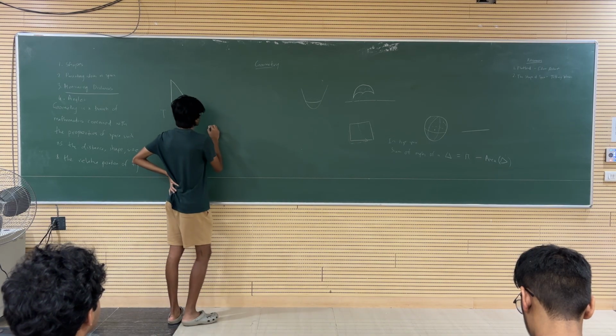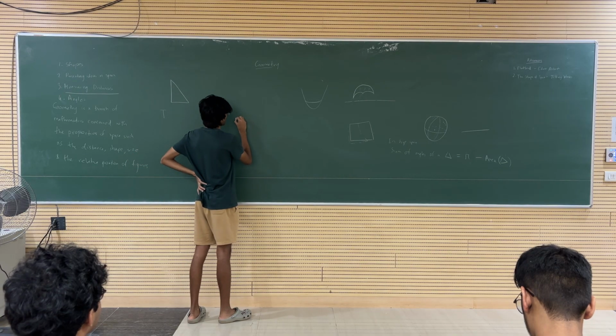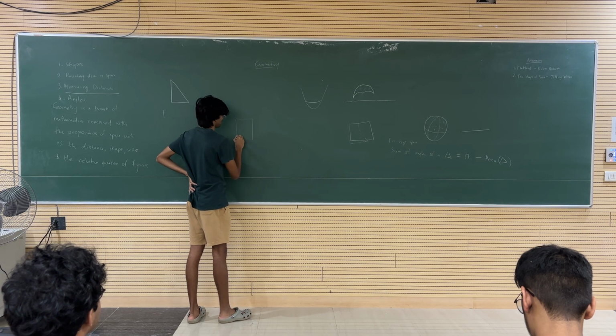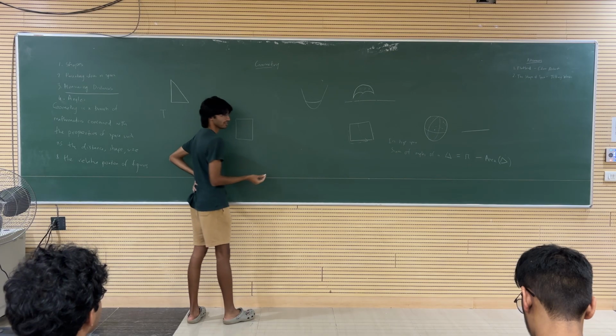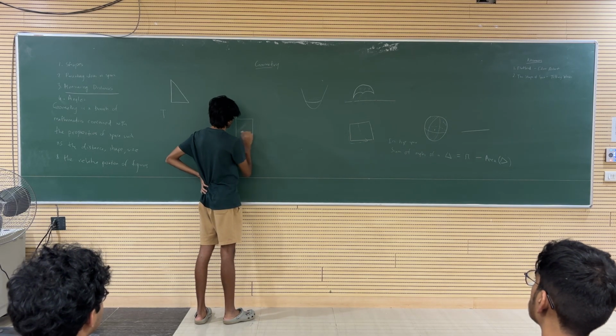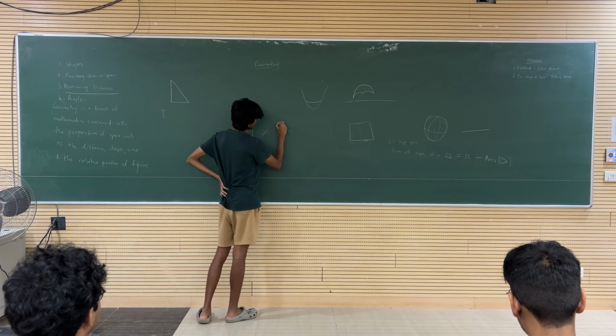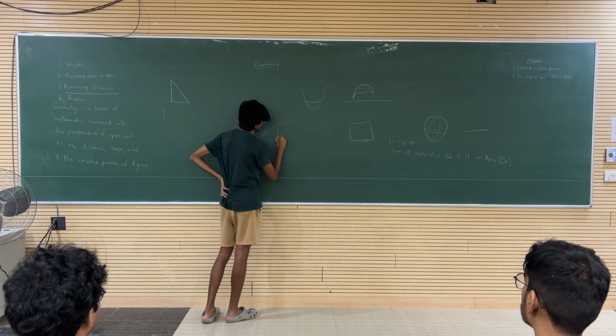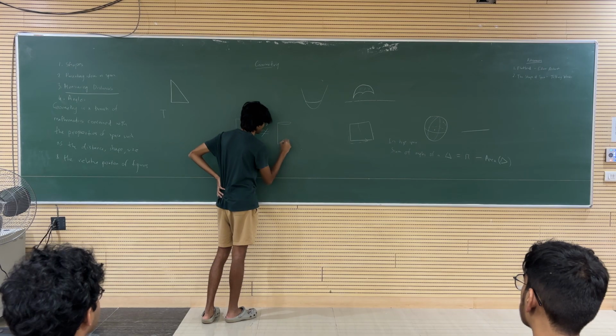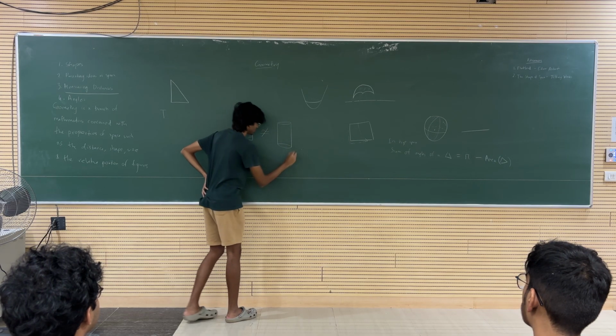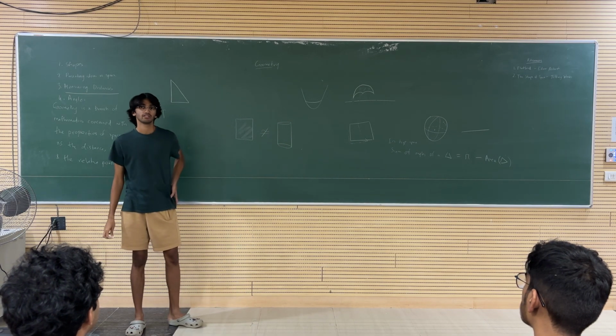So what I'm saying is, this flat square is not isometric to a cylinder. Can anyone tell me why?